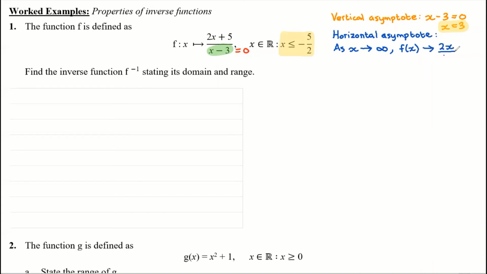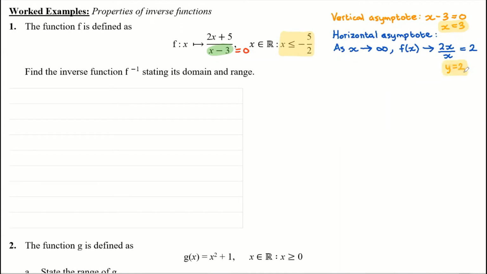But because the +5 and the -3, you can just imagine they're not there, which would equal 2, wouldn't it? So essentially f(x) would tend towards 2. So our horizontal asymptote would occur where y equals 2. Okay, so that's good. So we've got 2 asymptotes, as we would expect, and as we've seen with previous rational functions.